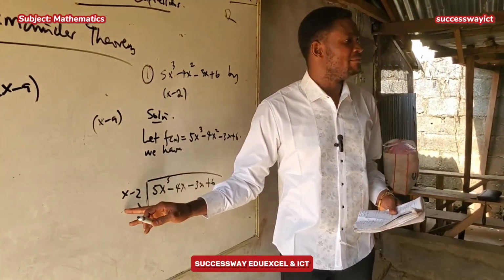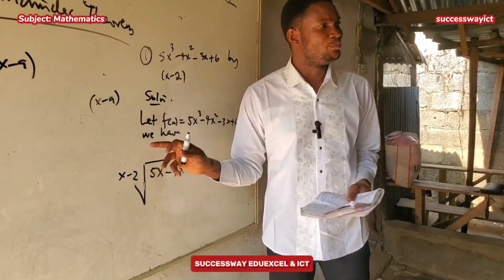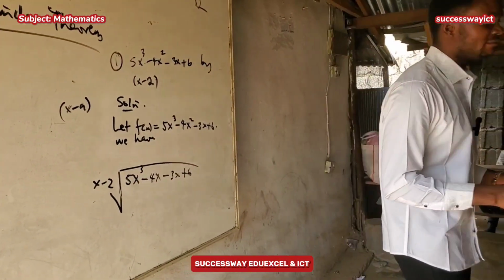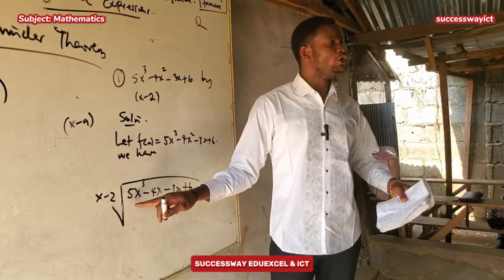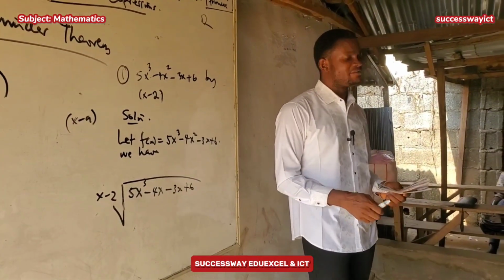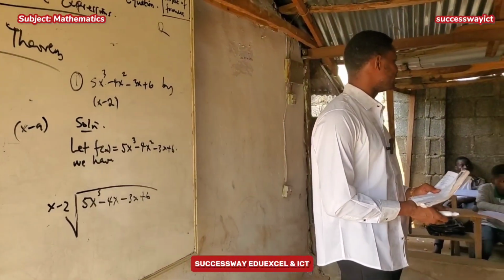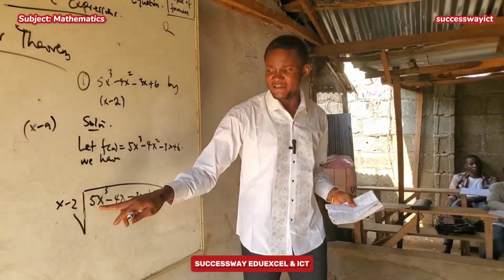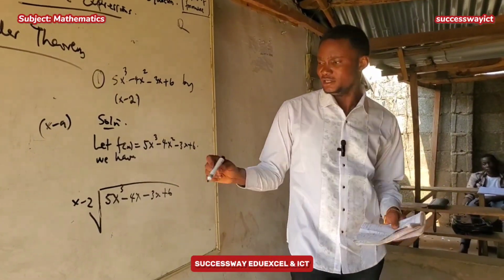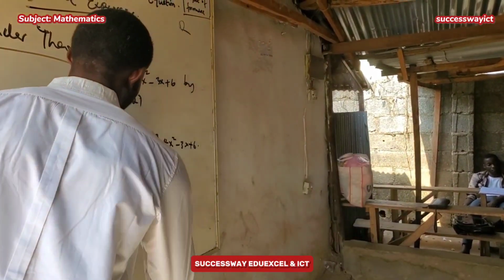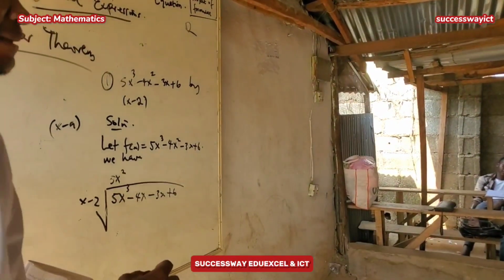You pick them term by term. Now, if x is to go into 5x cubed, what will you have? 5x cubed divided by x, what will you have? Now here you write 5x squared.